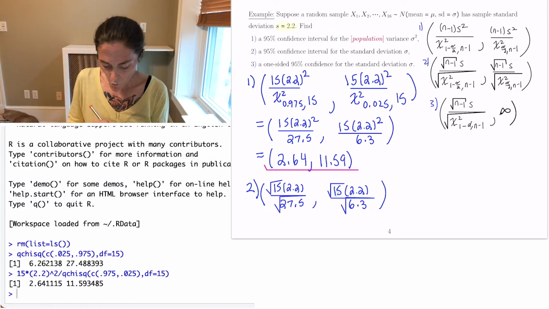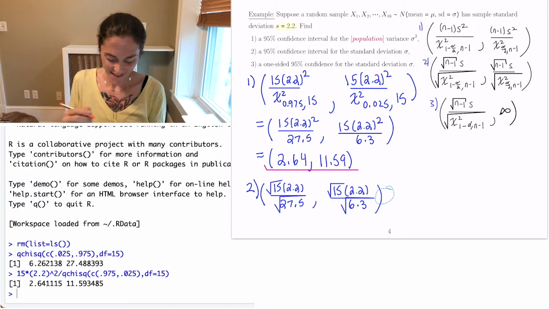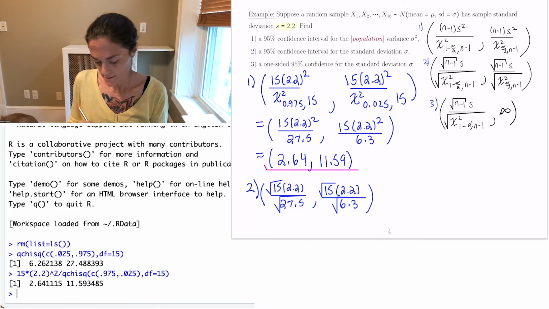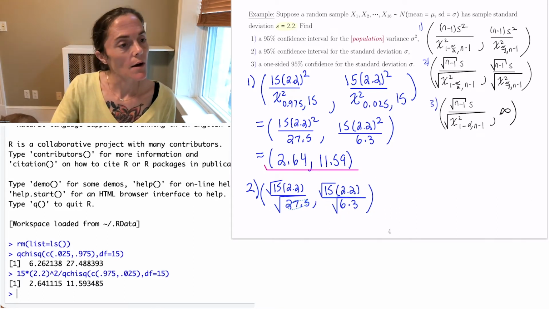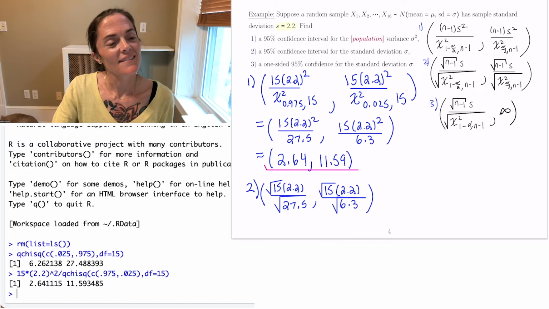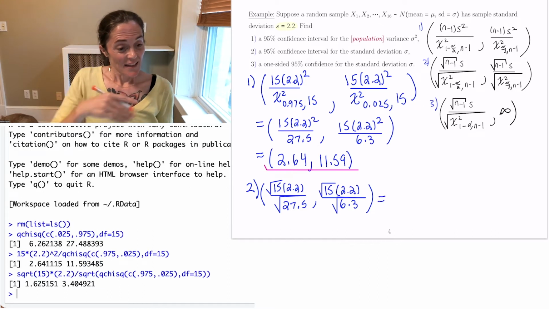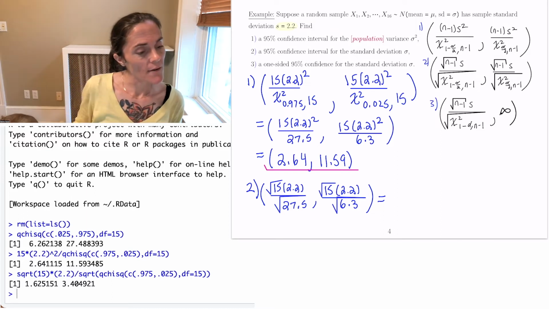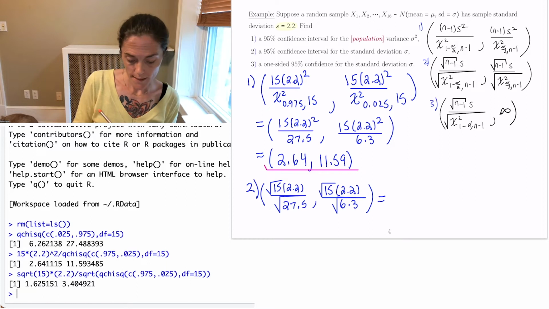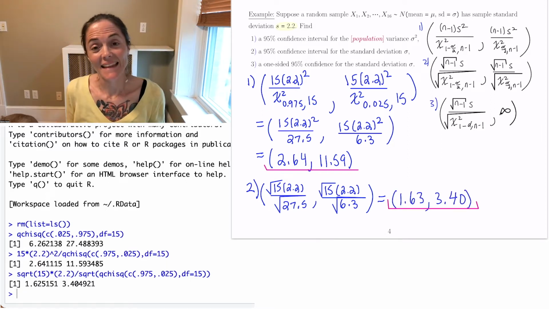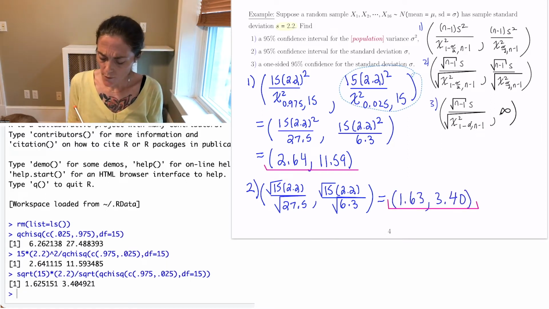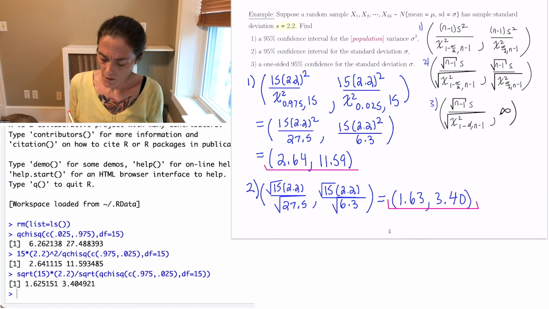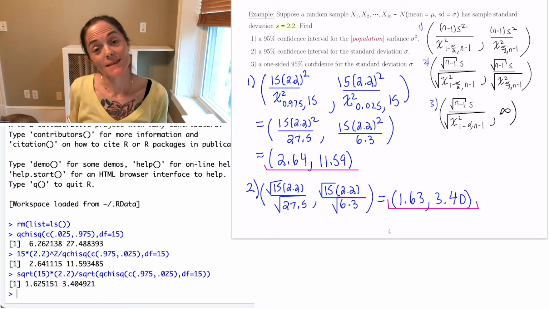For this, if you want, you can use a calculator, but we can also use R. So in R, I have used this line that you see right here. We have 1.63 to 3.40.